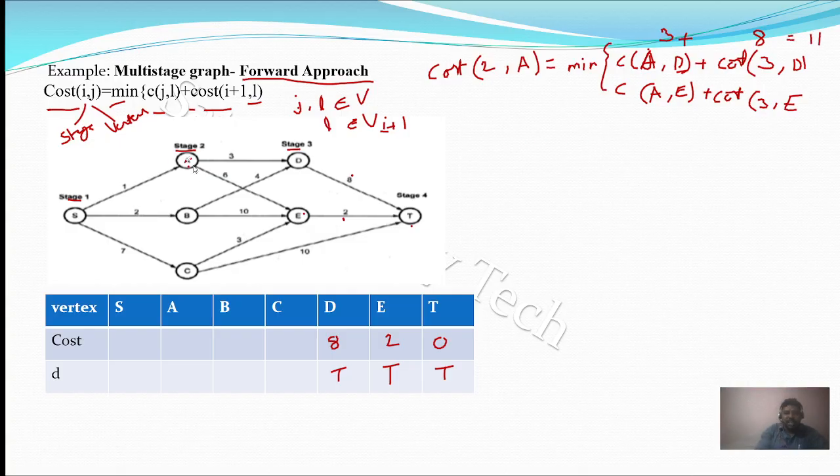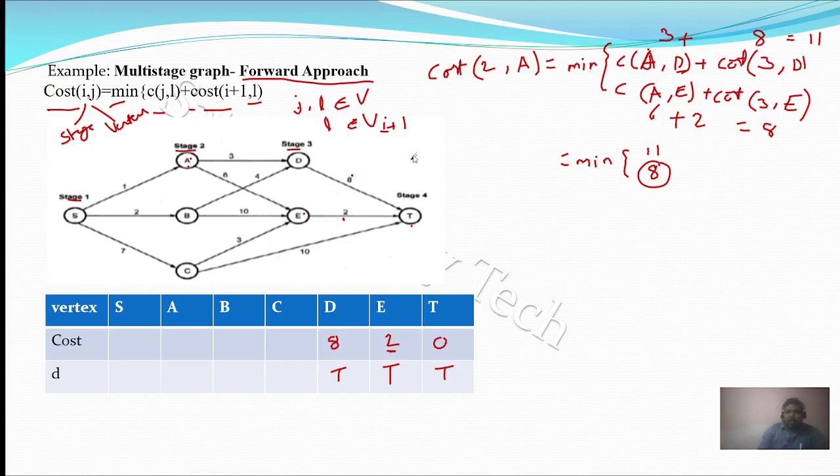For A to E, the cost of the edge is 6, plus cost of 3E. The cost of E is 2, so it is 8. Which is the minimum? Here it is 11, here it is 8. So 8 is the minimum.